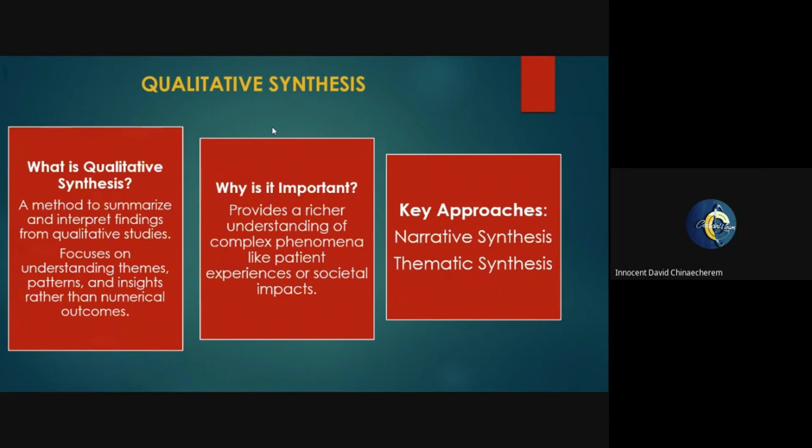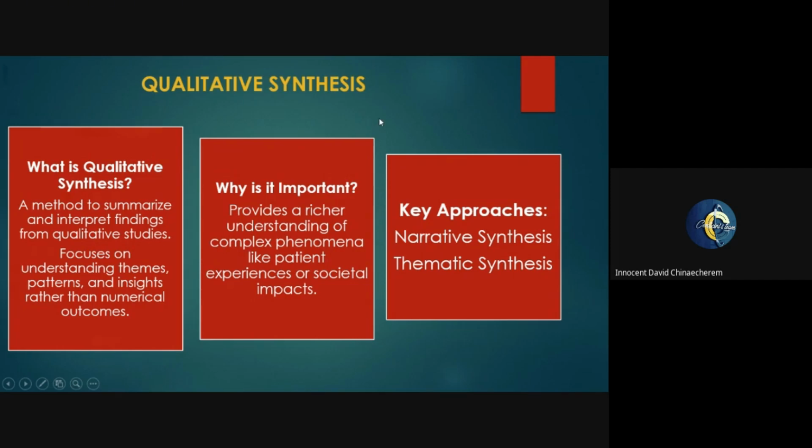It can be something on the experiences of mothers towards malaria, right? In that situation, we are taking patterns and themes on experiences, and these things are not quantitative attributes, rather they are qualitative attributes. So when we talk about qualitative synthesis, we're trying to summarize or interpret findings from qualitative studies. Okay?